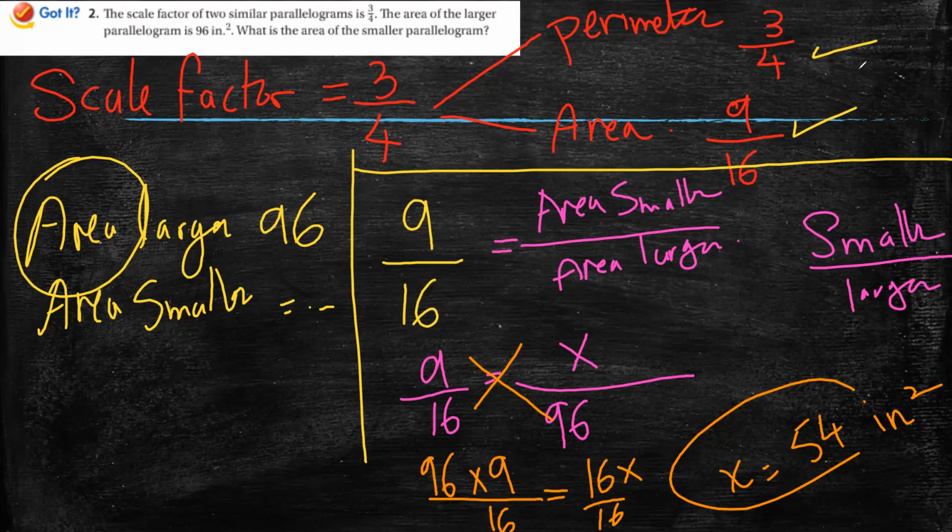If it is smaller to larger, I should write it smaller to larger. If it is larger to smaller, I should write it larger to smaller. Sometimes I tell you, and sometimes you have to know it from the shape.